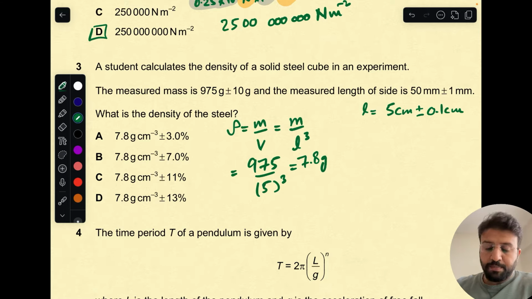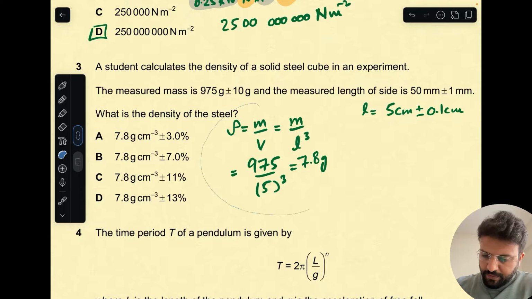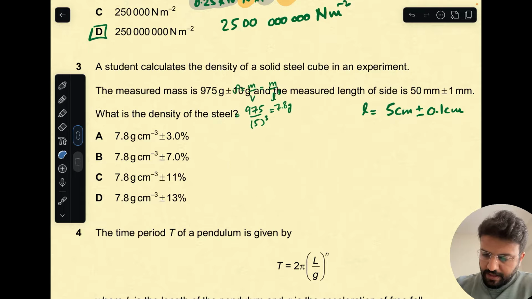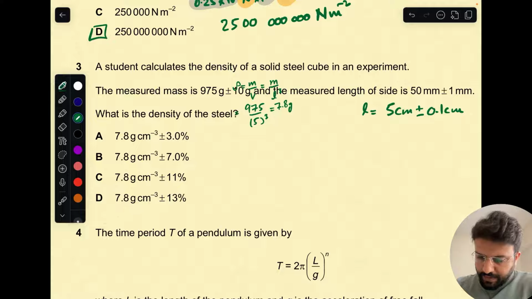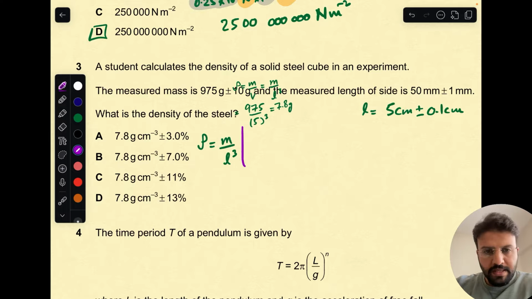Now we have to find the percentage uncertainty. Okay, so let's make some space here. If you see the relation, density is mass over L cube. So what will be the basic equation for that?